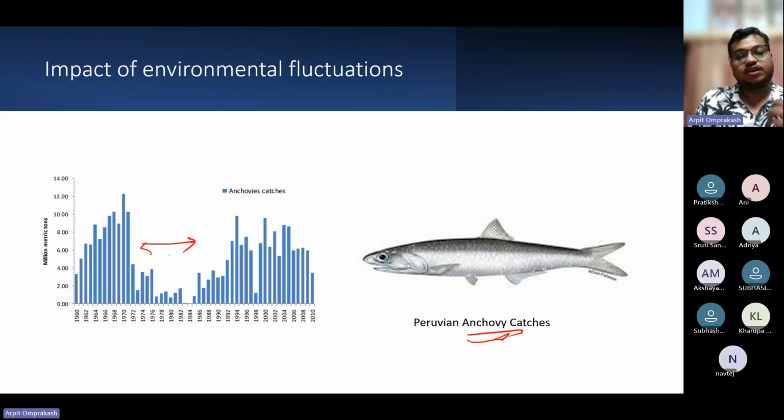And that is not because we are overexploiting the population, but this is also in part due to the El Nino effect, which is leading to a population crash here, which is natural. So this is an environmental fluctuation that is leading to a decrease in the population of these anchovies. These are fishes that are used for food, right?